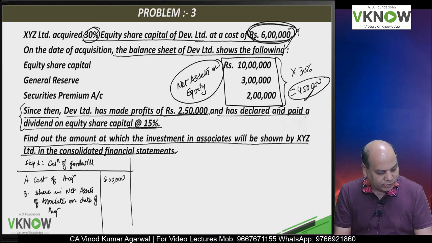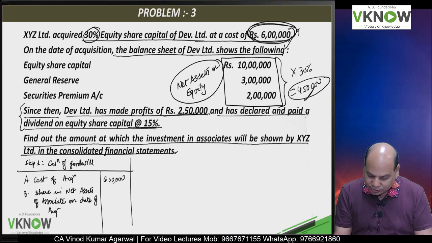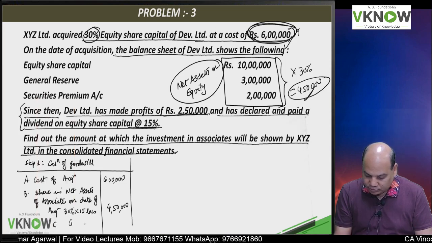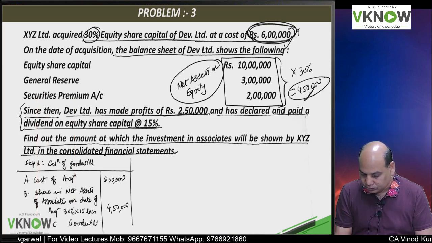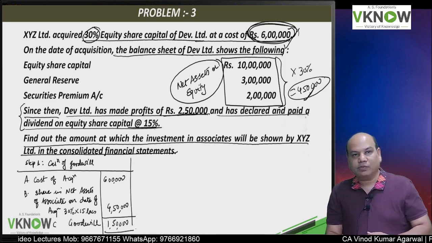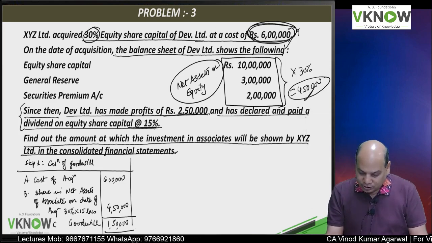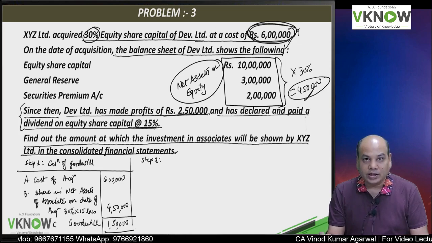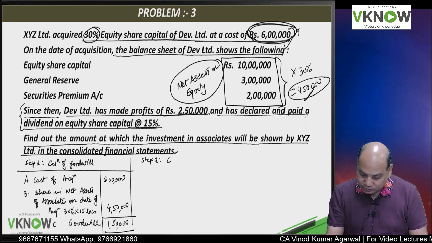Share in net asset of associate on the date of acquisition, that will be 30% of 15 lakhs, 4,50,000. So point C, you will have goodwill 1,50,000. Then the next step is to find out the carrying amount at the end of the year.